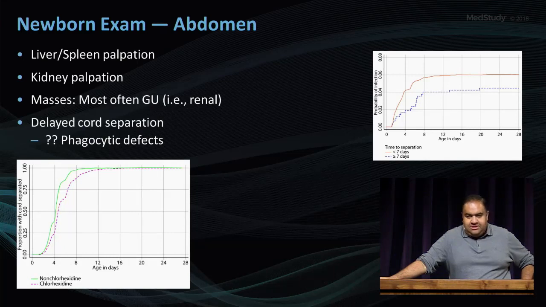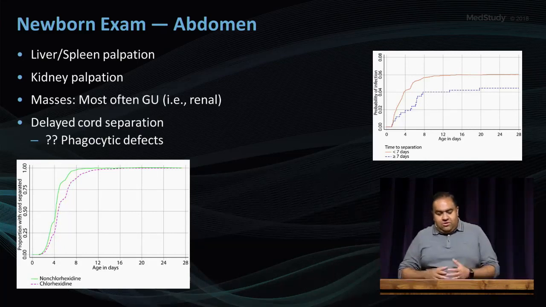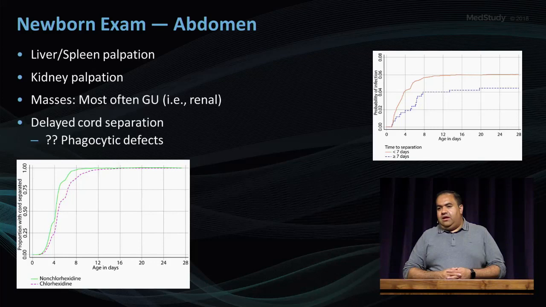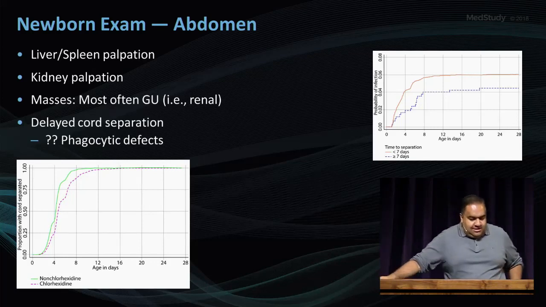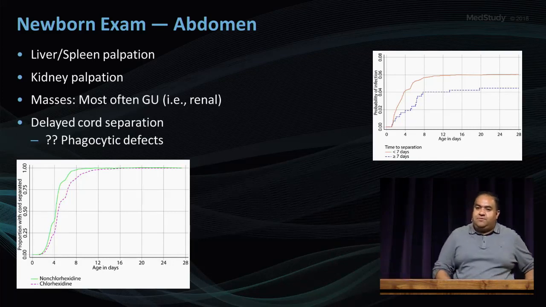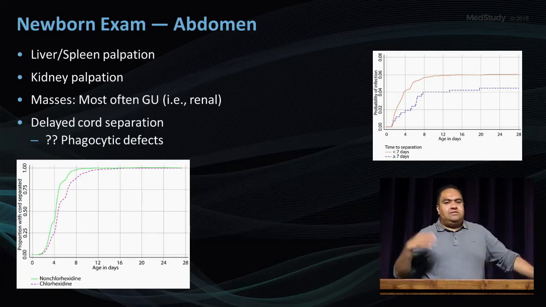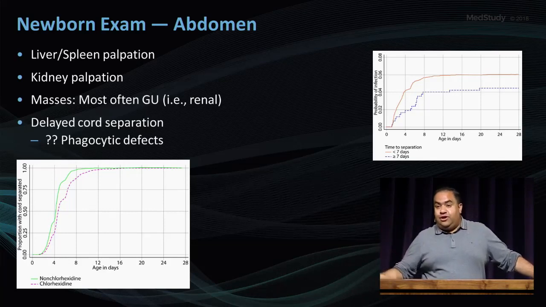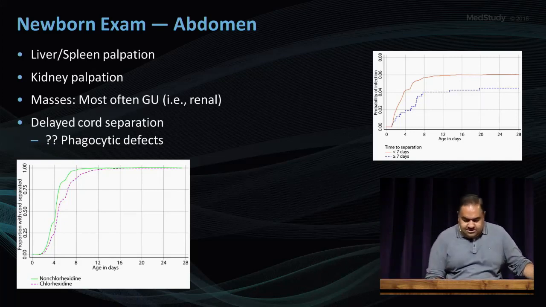Delayed cord separation: usually, if you have a delayed cord separation, it's probably from a leukocyte adhesion deficiency, a phagocytic defect. These kids are at higher risk of having infections, and they have a poor white blood cell response. So typically on the boards, when they talk about a delayed cord separation, in kids 2 to 3 weeks, now in the 3rd to 4th week of life, and the cord hasn't fallen off yet, and you're worried, one of the things you're going to probably assess for is leukocyte adhesion deficiency in these kids.